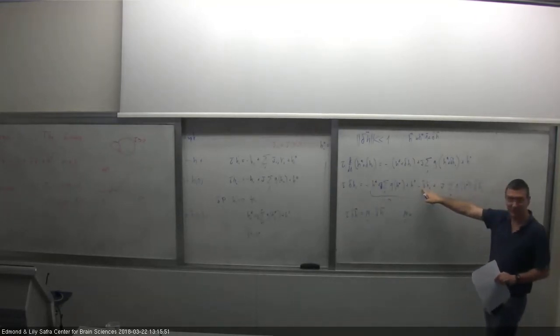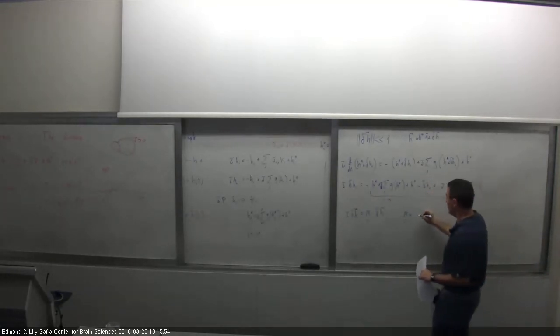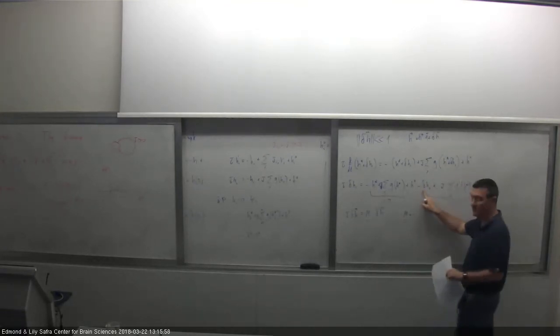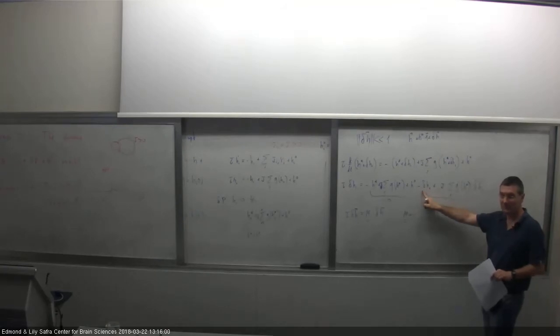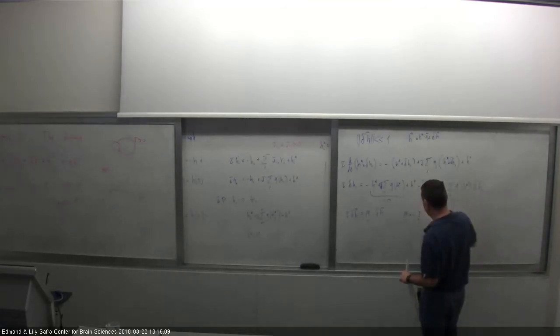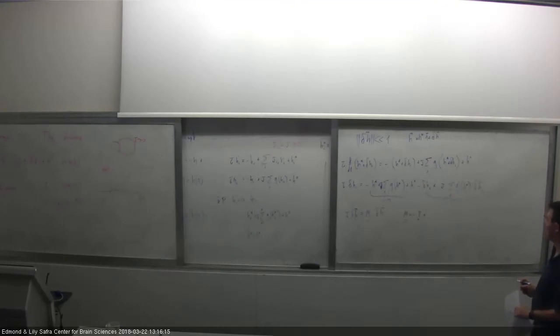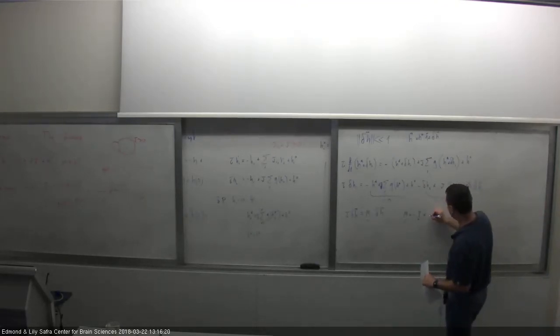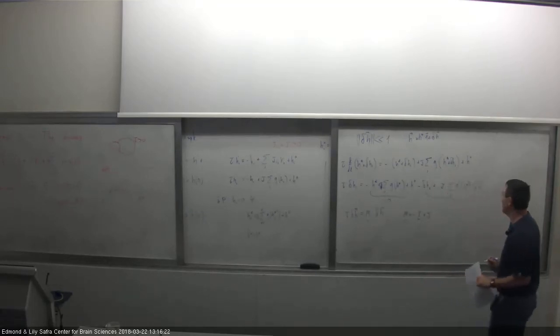This is the first contribution, which in matrix in vector notation will be what? The first term. Unity, or identity. Okay, plus J.